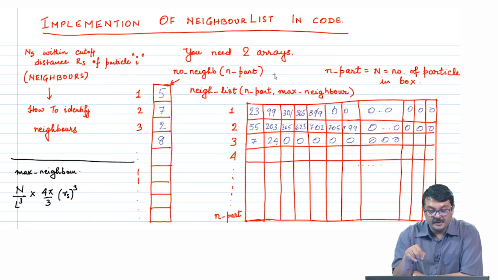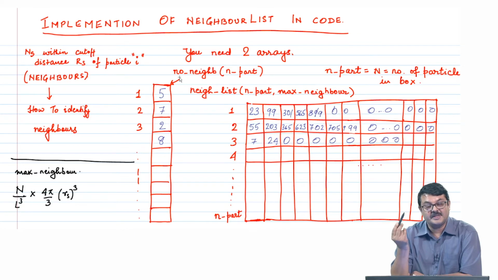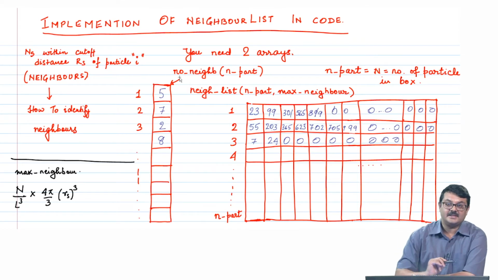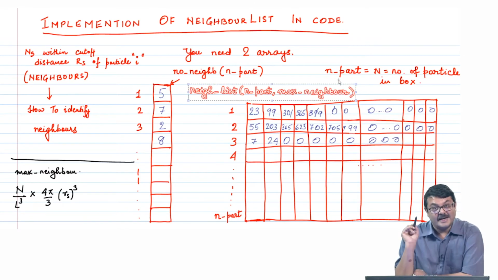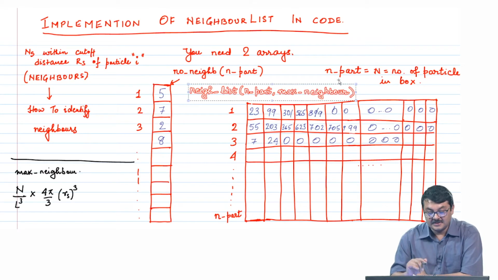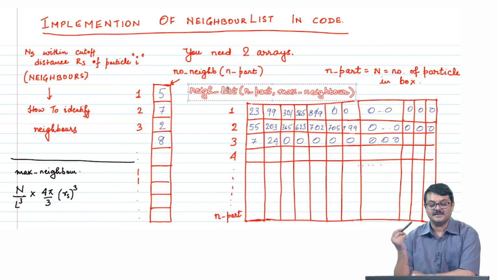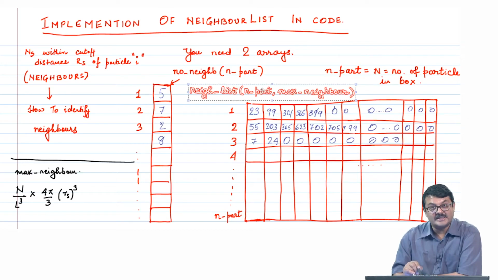So, you need one array, number of neighbors, which stores the number of neighbors of each particle. The number of particles in the system is n part, so that is why its length is n part. Then the indices of the neighbors are stored in another array called NEI list, NEI for neighbor list, which will be a 2-dimensional array.